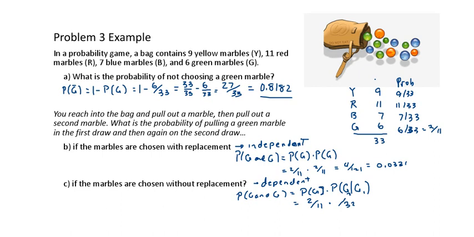And where we had 6 green marbles to begin with, we've pulled out one on the first draw, so now we have 5 green marbles. So we now have a 5 out of 32 chance of getting a green marble on the second try. Well, when we multiply these out and convert it to a decimal, we're going to get 0.028. And that's our answer in this one.